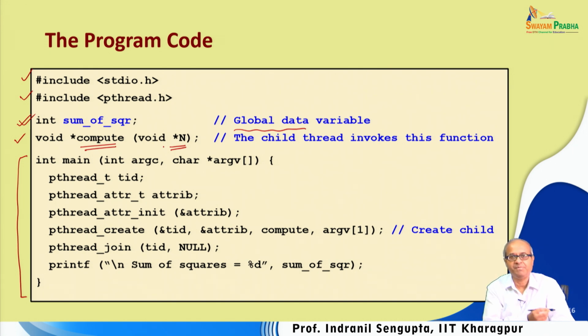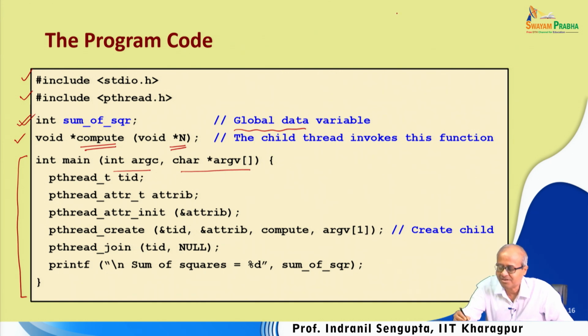Now, let us see the main function. Because we are passing command line arguments, we are writing int argc, char star argv. The 10 that I said is the second argument, and I can access that second argument like, for example, myprog 10.